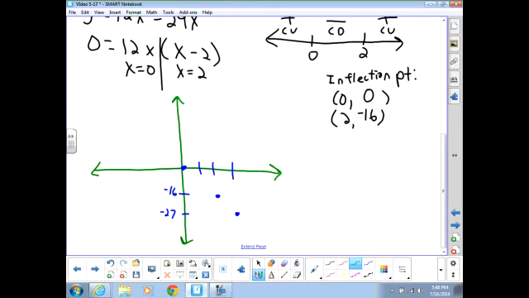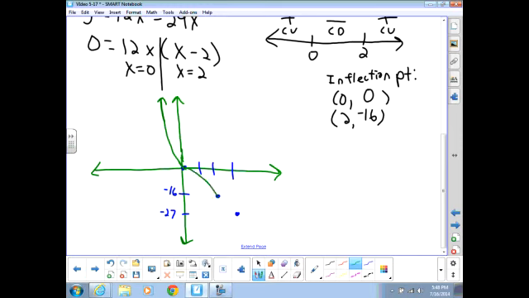And just drawing your concave ups and concave downs. We need to be concave up from negative infinity to 0, so something like that. We need to be concave down from 0 to 2, so something like that.